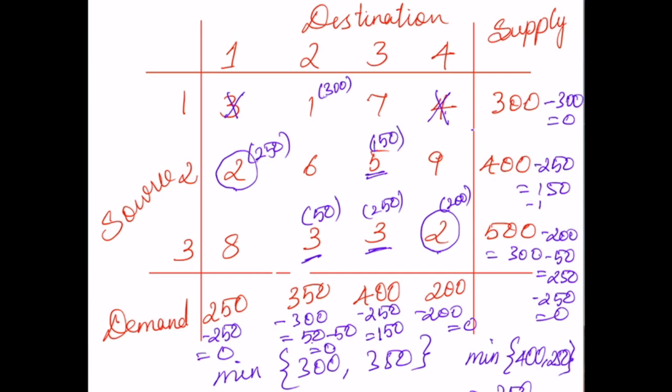Subtracting 150, both become 0. Now all the supply and demand have become 0. First supply is 0, second supply is 0, and third supply is 0. Similarly, first demand, second demand, third demand, and fourth demand, everything has become 0.